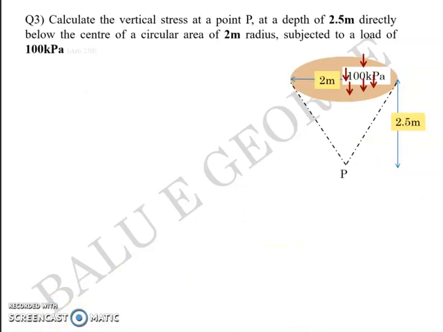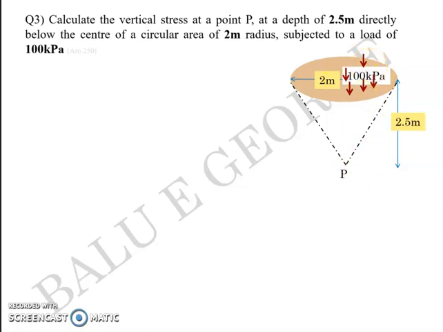Next question, you have to calculate the vertical stress intensity at a point P at a depth 2.5 meter directly below the center of a circular area of 2 meter radius subjected to a load of 100 kPa. So you have 100 kPa load stress applied over a circular area of 2 meter radius, and you're asked to find the vertical stress intensity at a point P, which is 2.5 meter below the point of application of the stress.